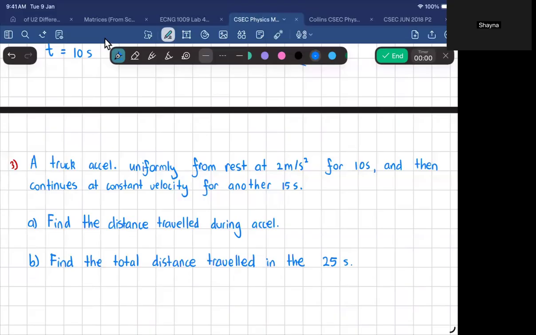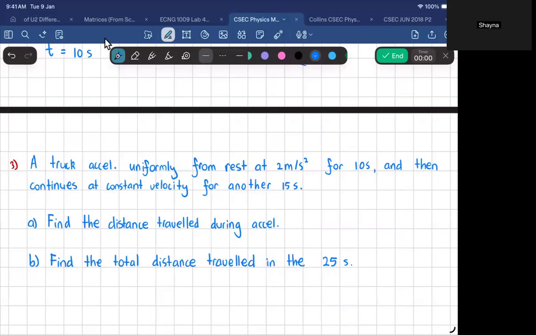I see you got the first question correct. For the second part, I was going to add the distances in the second. I think that's what I was going to do. No, that is correct.